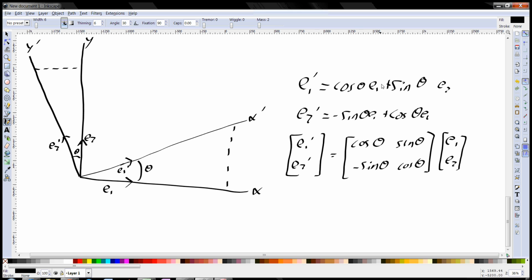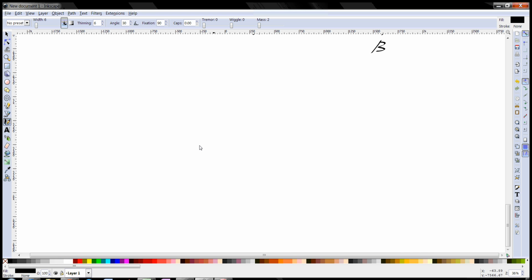And that's just rewriting these two equations for E1 prime and E2 prime in matrix form. And what's really important here is this matrix right here, and we call it the directional cosine matrix, and it is denoted by beta. Just as a quick side note, beta in 3D is very similar.